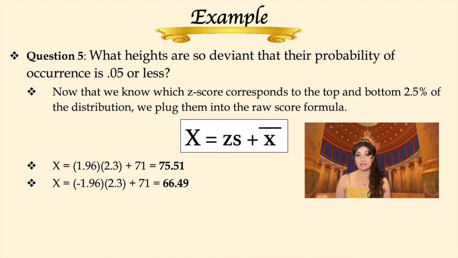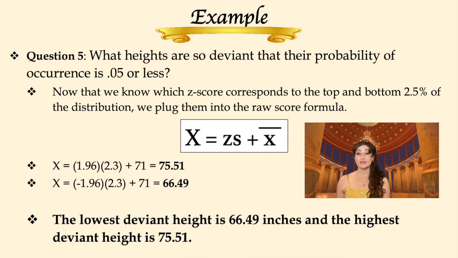The second z-score we plug in is negative 1.96 multiplied by 2.3 plus 71, which gives us 66.49. So to answer our question, the lowest deviant height is 66.49 inches and the highest deviant height is 75.51 inches.